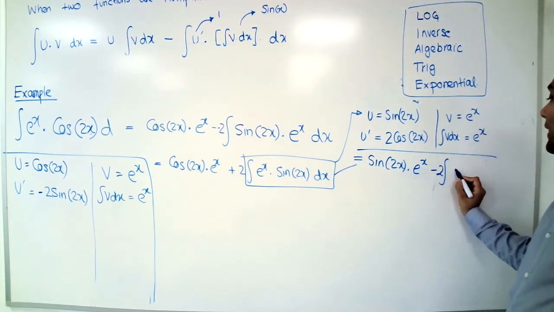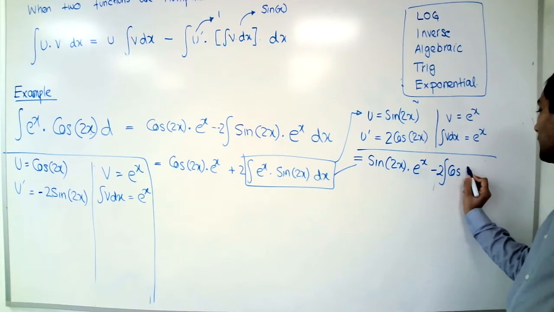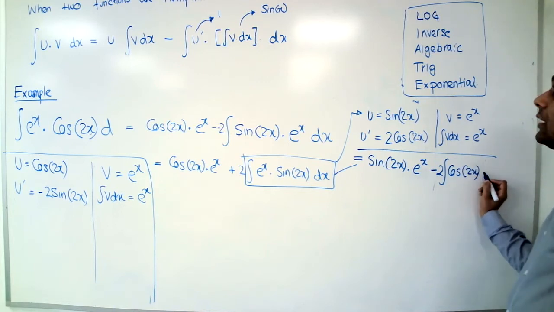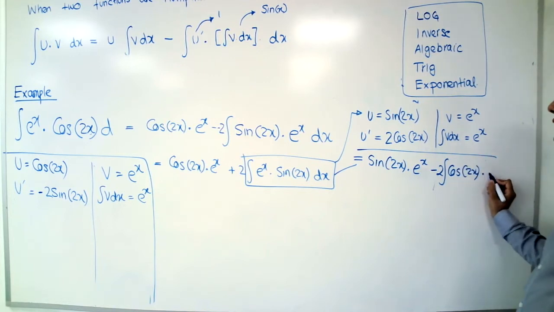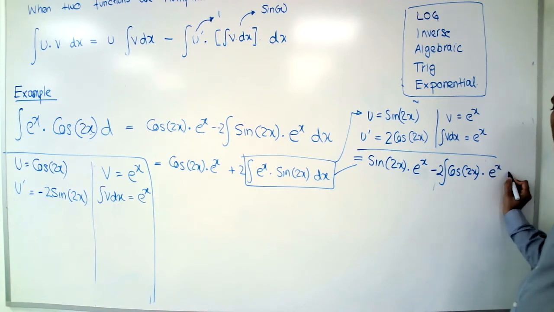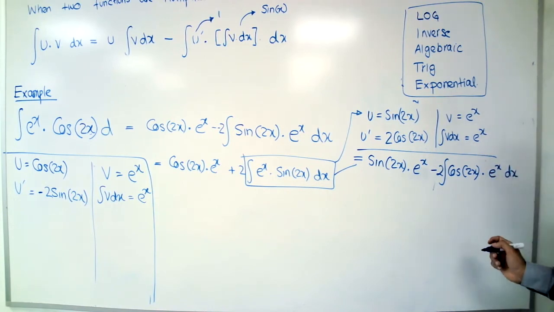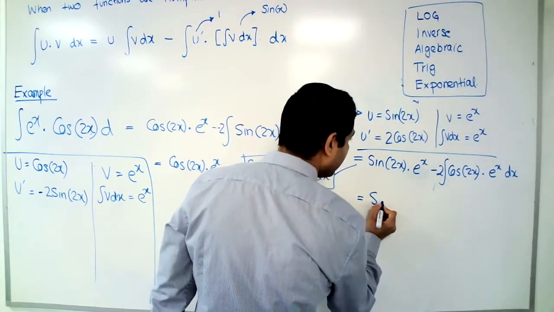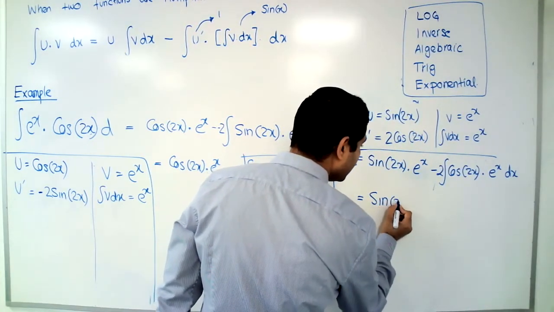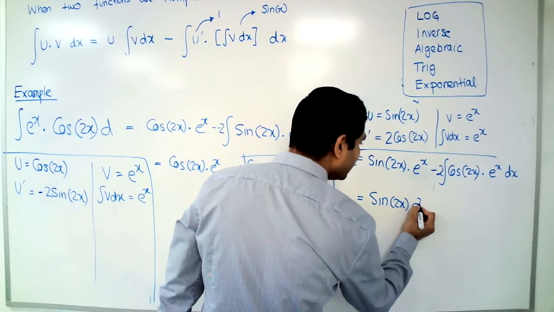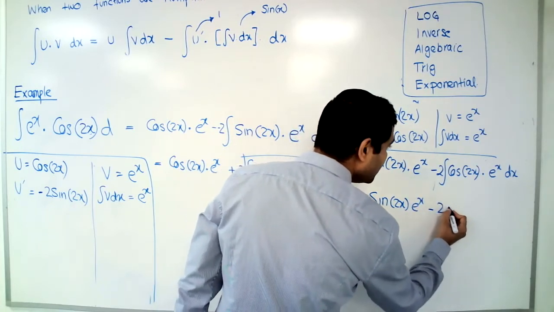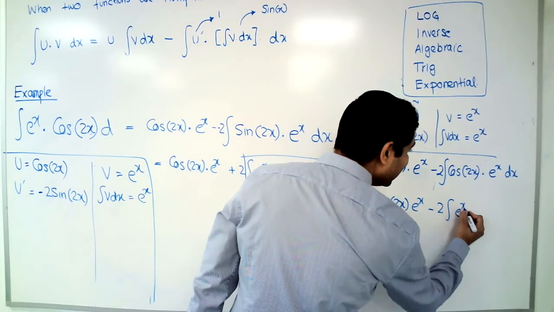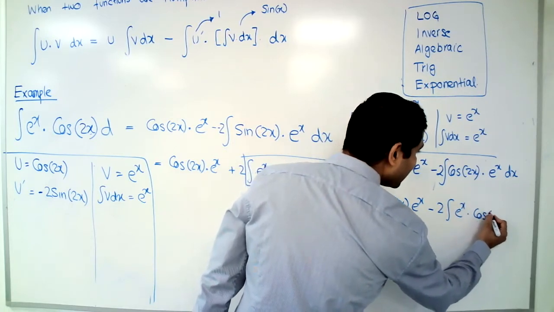And then I got the cos 2x, and the other thing is e to the x dx. So I'm going to rewrite this thing. That is sine 2x e to the x minus 2. Let me rewrite this thing. This is e to the x, and this is a cos 2x.